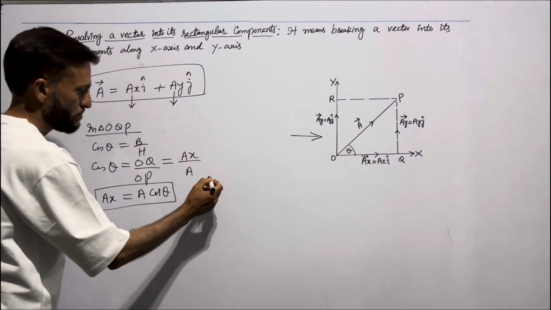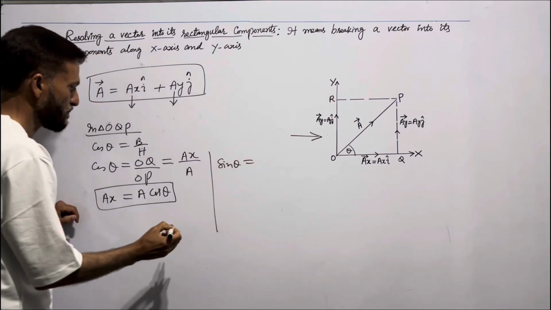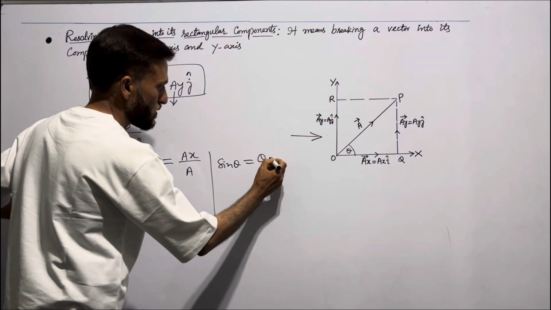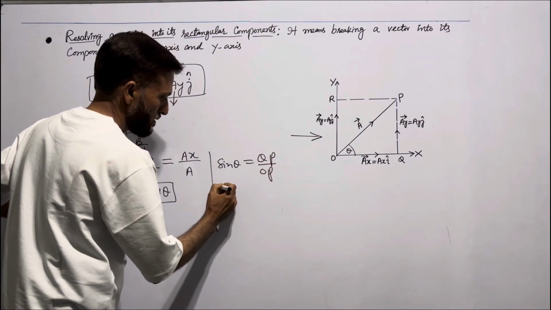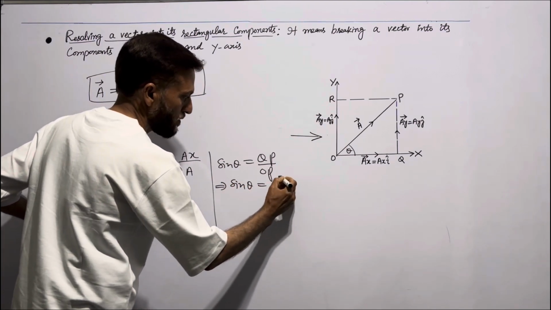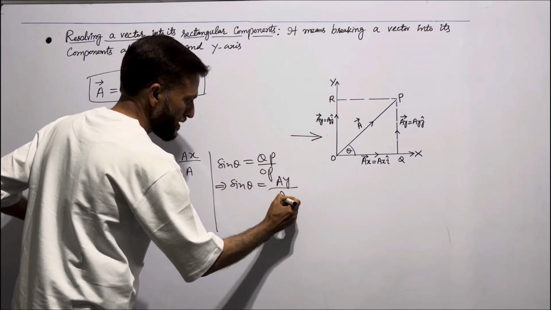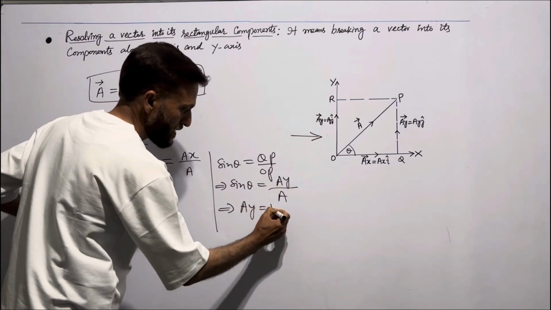Similarly, we have sin theta equals to perpendicular by hypotenuse, QP by OP. This implies sin theta equals to AY by A. This gives us AY equals to A sin theta.